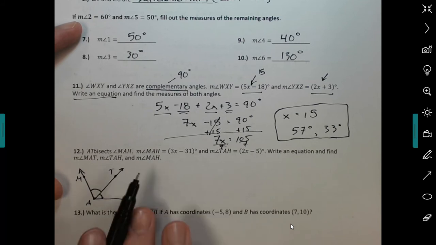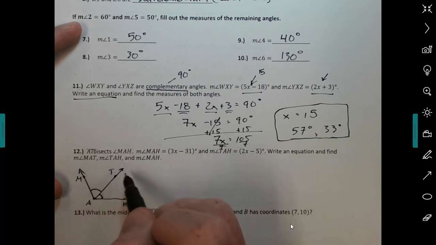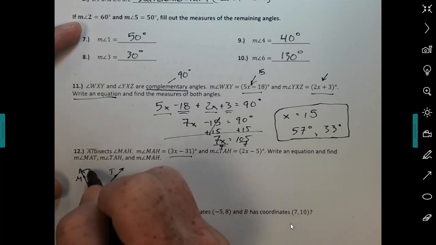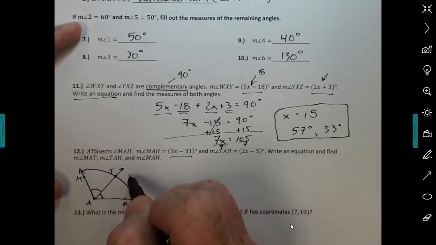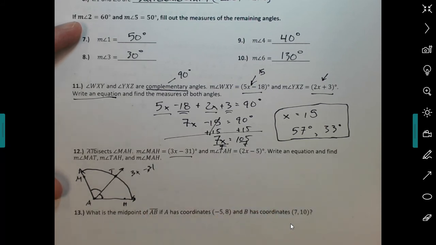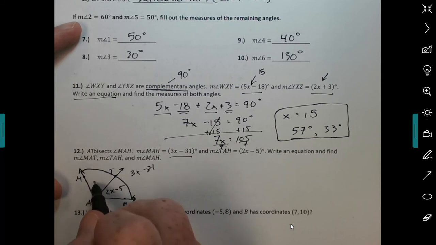Well, they said that MAH, the entire angle, is going to be 3x minus 31. Angle TAH is 2x minus 5. And since these are equal, I can call the other one the same thing.